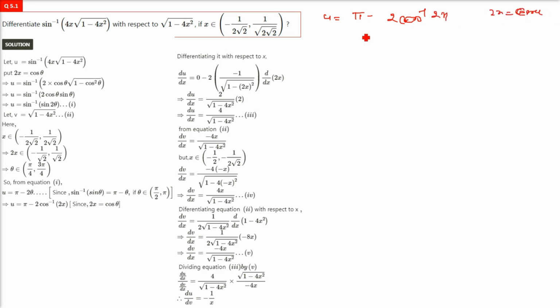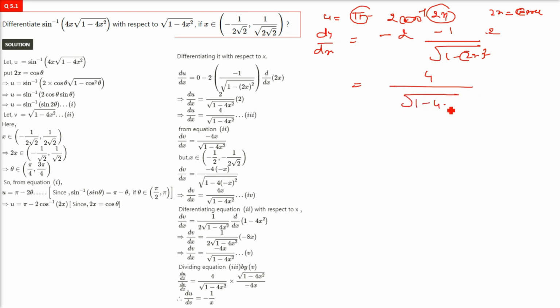So du by dx is, the derivative of pi is 0, minus 2 cos inverse 2x. So it will be minus 1 by under root 1 minus 2x square. Alright. So this is going to be minus into minus is plus, so 4 by under root 1 minus 4x square.